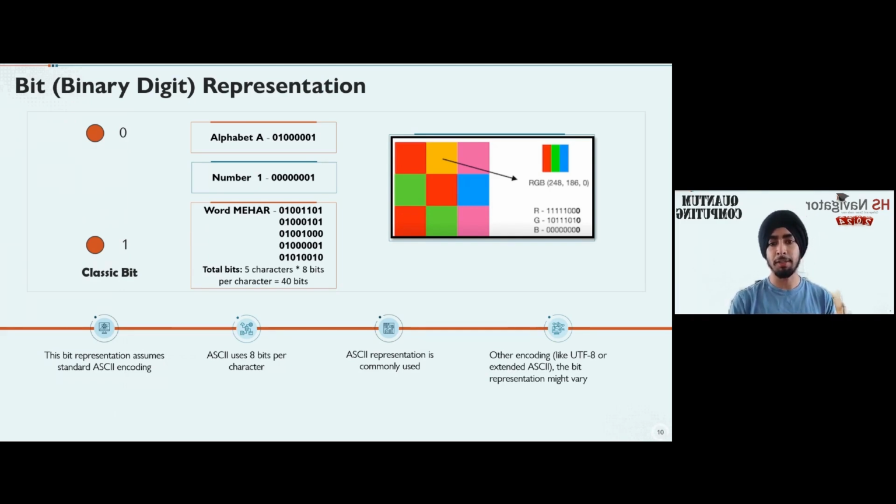Using these binary representations, we've set up a system that can encode letters, like the letter A is encoded as a binary number. You can encode numbers too, because you can switch bits on and off and represent numbers as powers of 2 rather than powers of 10. If you can represent letters, you can represent words by putting one letter after the other. You can also represent colors, because colors are just numbers in some way.